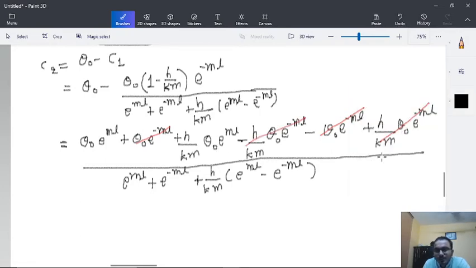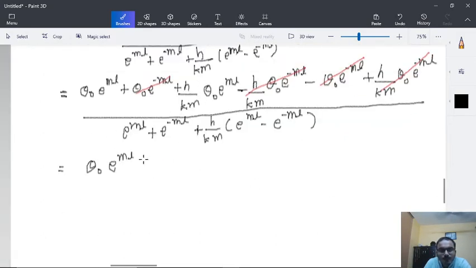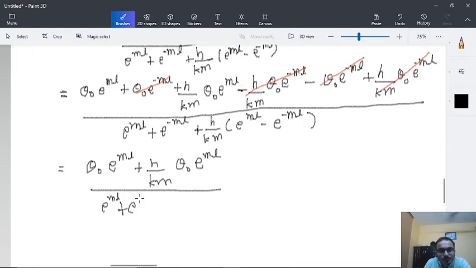Okay, so further writing this down, theta 0 e raised to ml plus h by km theta 0 e raised to ml, divided by e raised to ml plus e raised to minus ml plus h by km times e raised to ml minus e raised to minus ml.